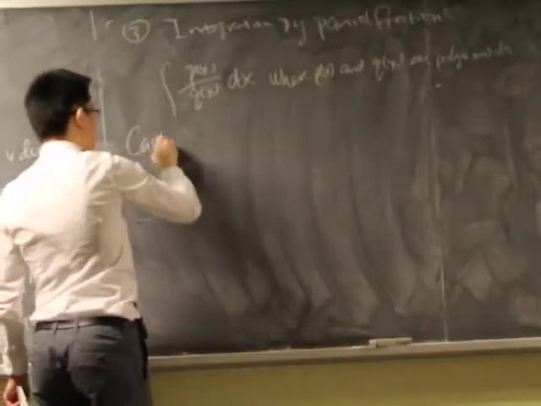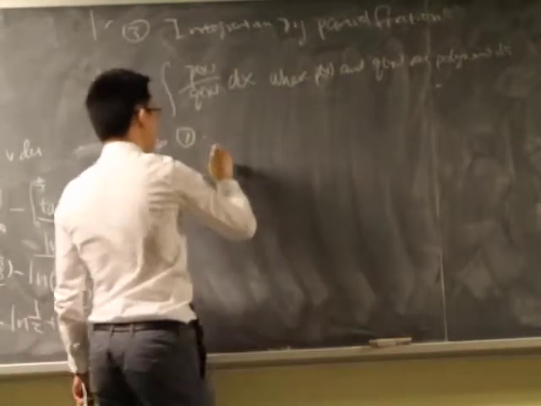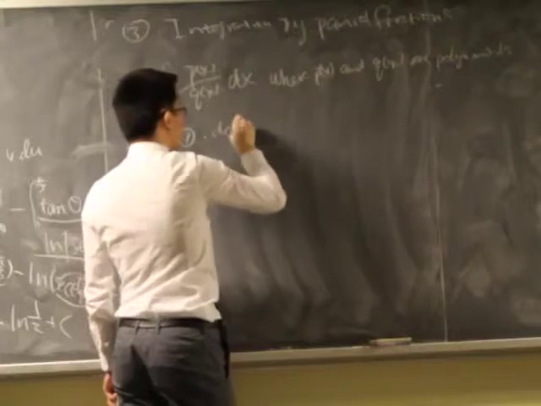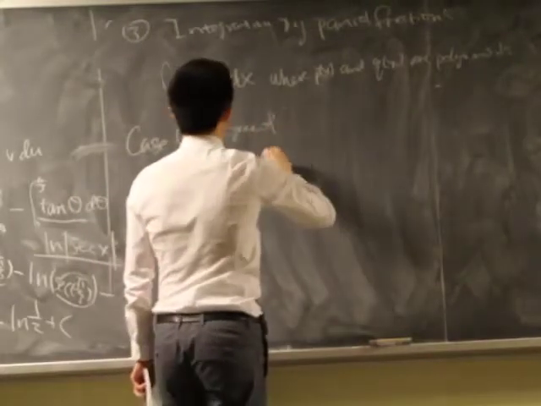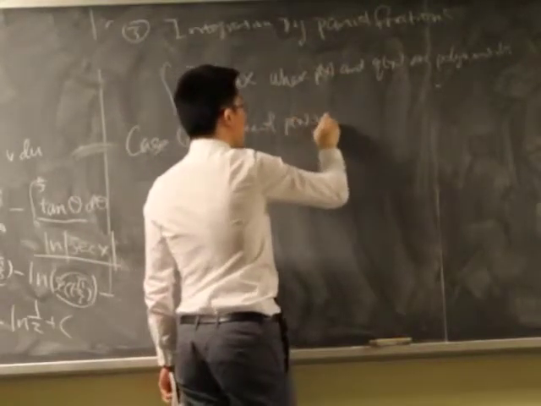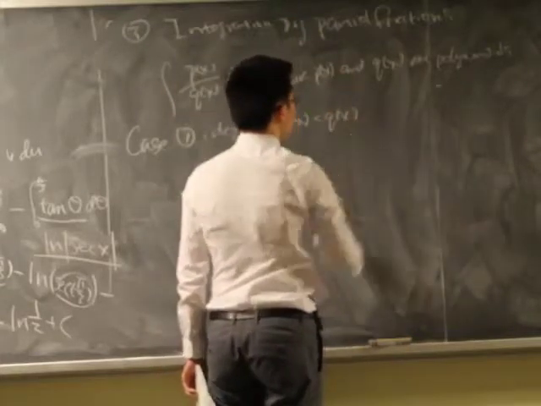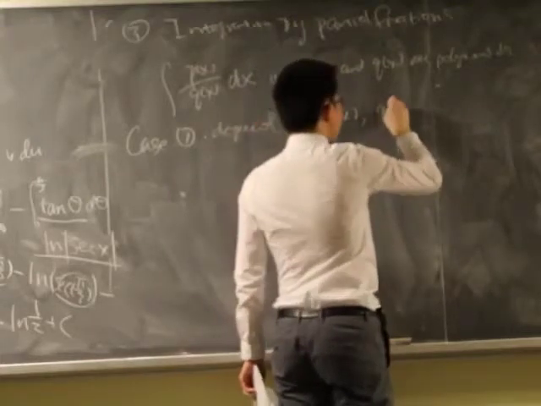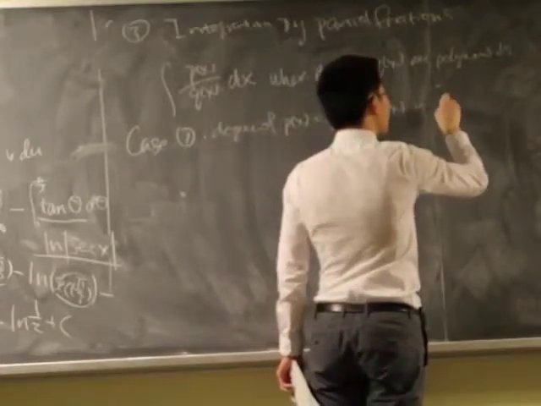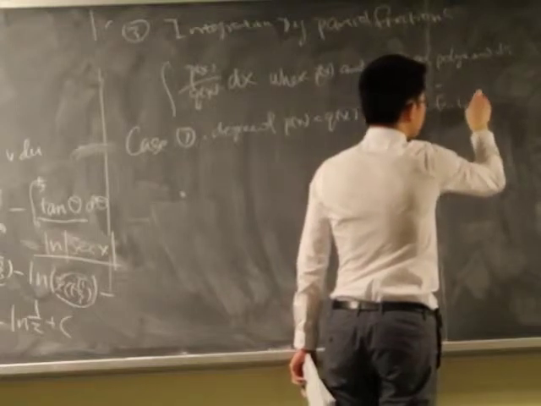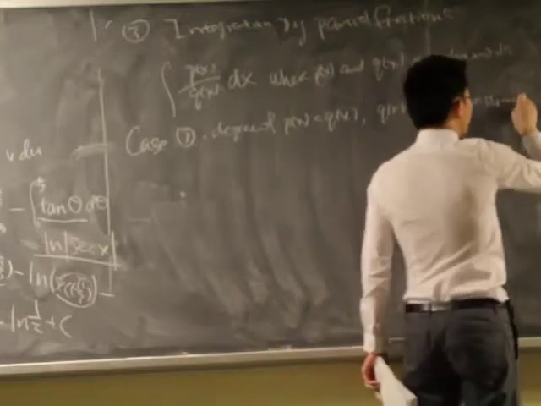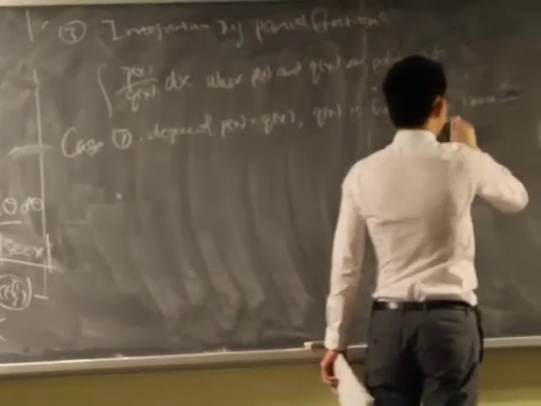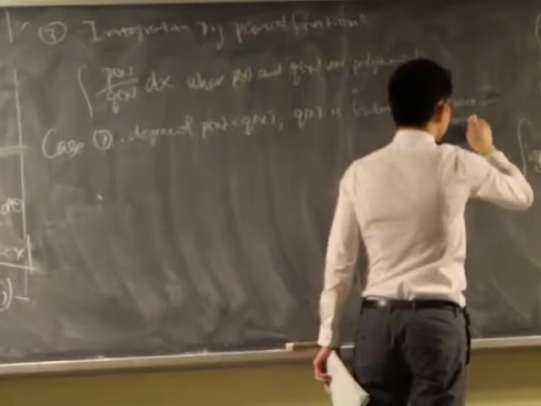All right, case 1, the simplest case: the degree of p(x) is smaller than that of q(x), and q(x) is factorable into linear non-repeating factors.